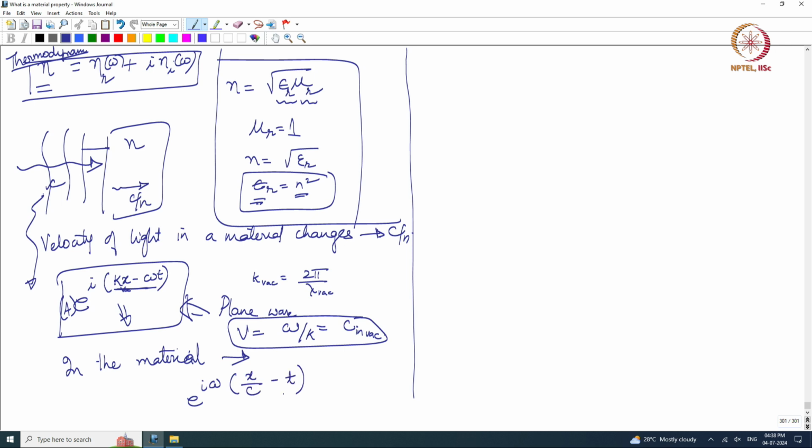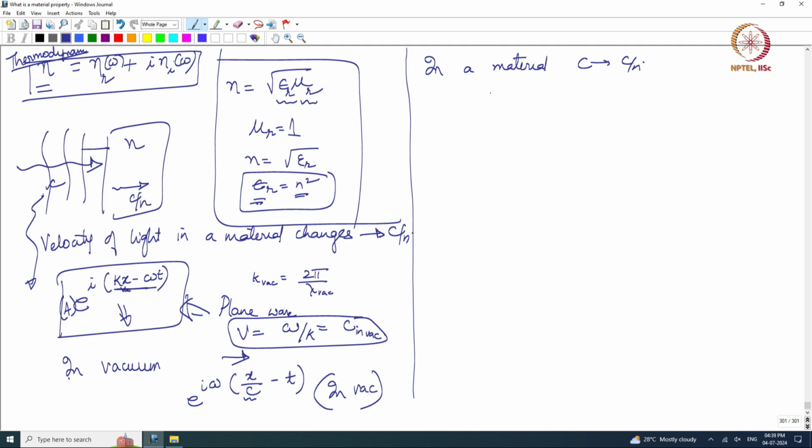So this is the velocity of wave in vacuum. So in material, my c becomes actually c by n. This is not yet in material, this is still in vacuum. c goes to c by n, right.